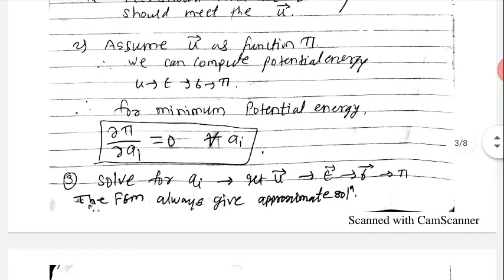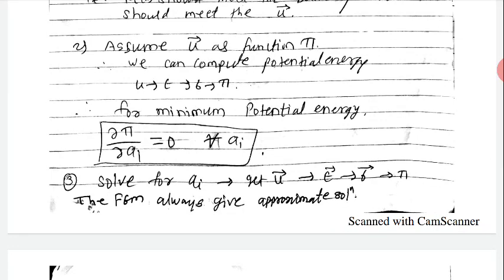So we can compute this pi, the potential energy. As we know u, we can get the strain, and we can get the sigma.